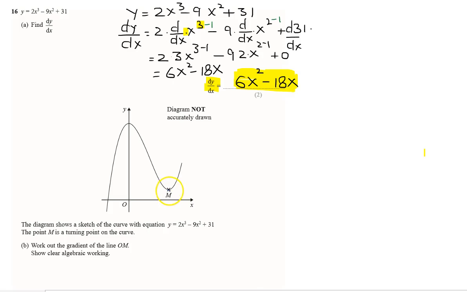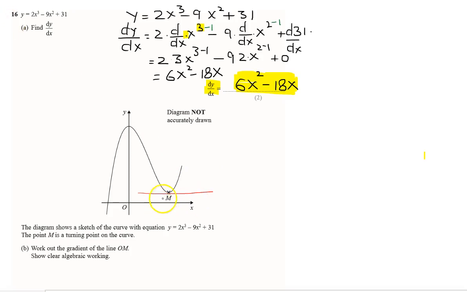Now this point, this is the minimum point, and we can see at point M it is parallel to x-axis. So at this point the slope dy over dx is 0.